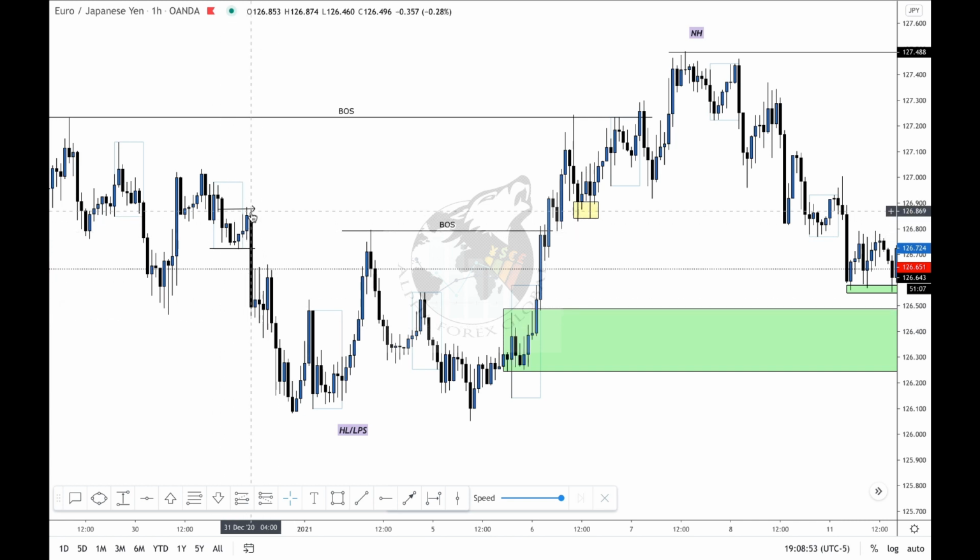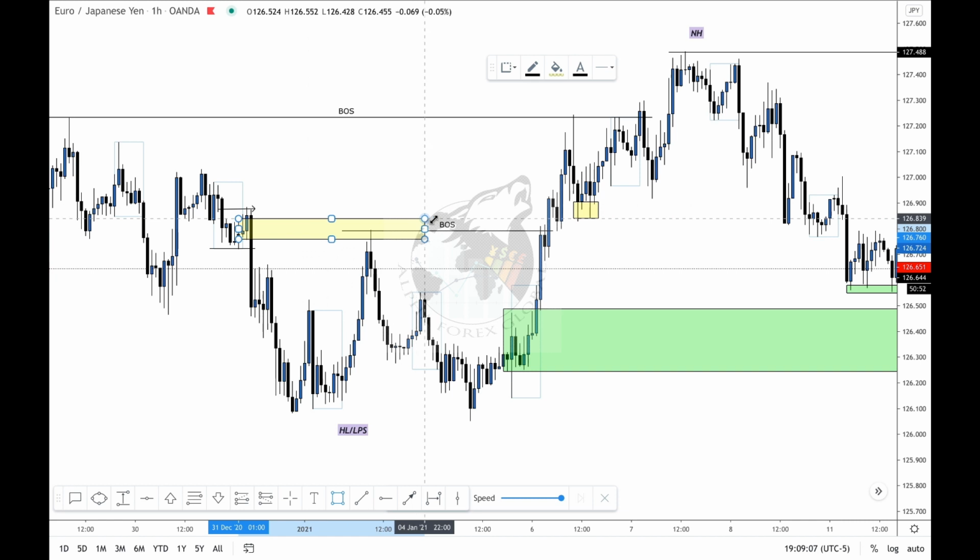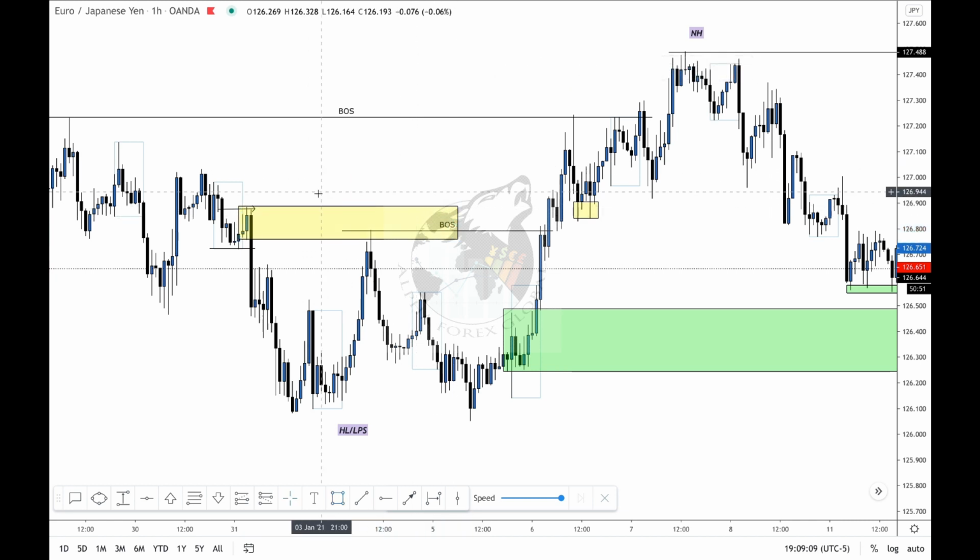There are only sellers right here and no buyers, so we need to even that out. We would have a point of interest like this on a 1 hour time frame, because the market needs to come back to account for these buy orders, or close these positions, and then push down. And that is exactly what the market did.